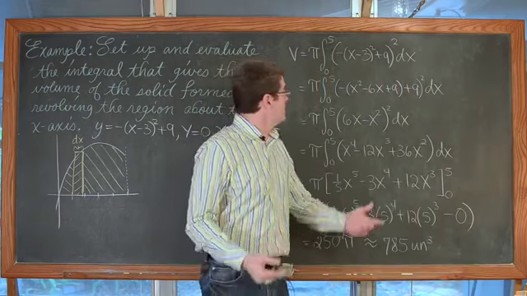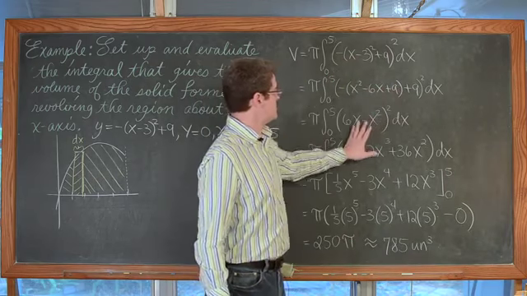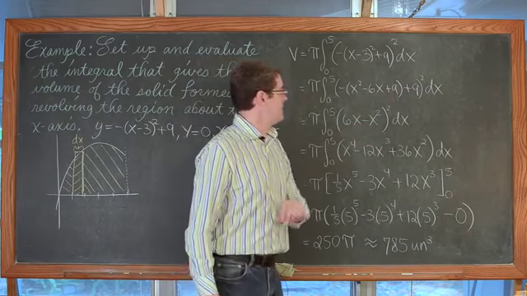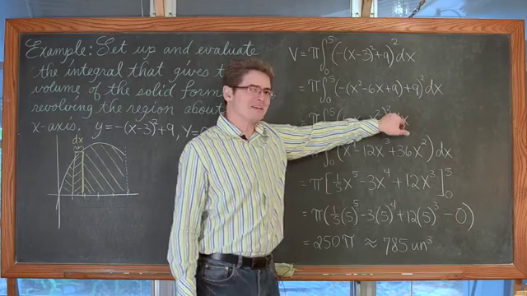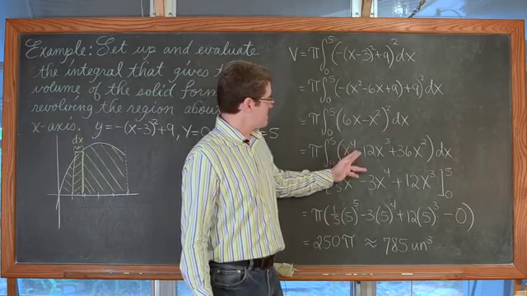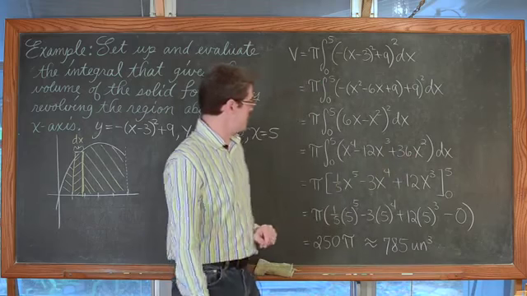Alright, so we took the binomial and squared it. We distributed the negative and combined some like terms and ended up with 6 minus x squared. Now we can go ahead and apply that outside power of 2. Get x to the 4th minus 12x cubed plus 36x squared dx.